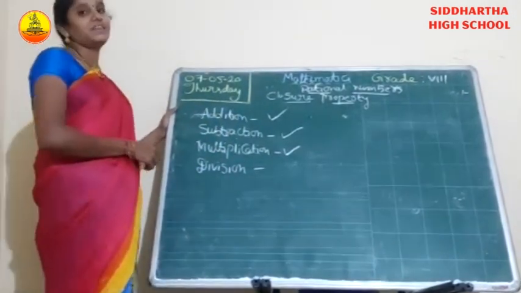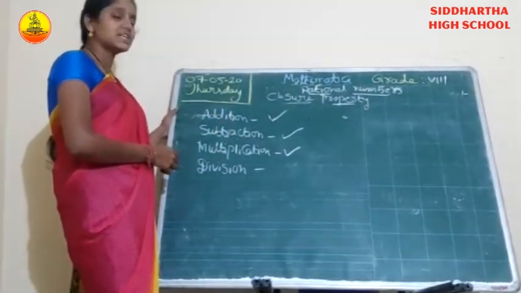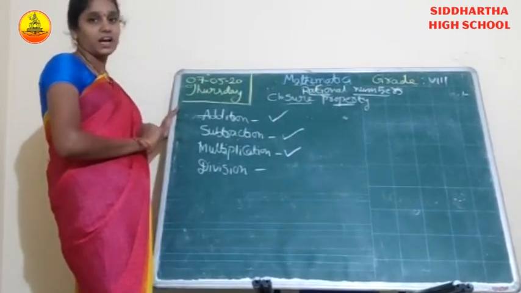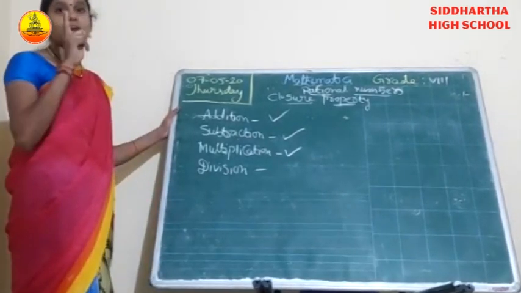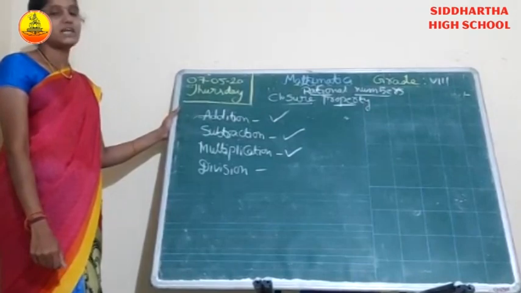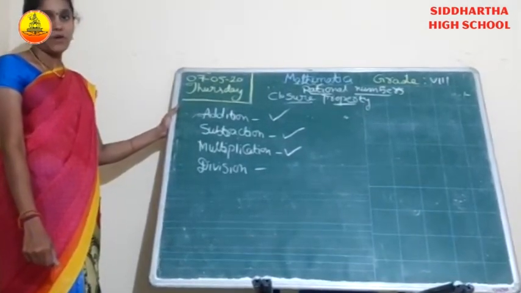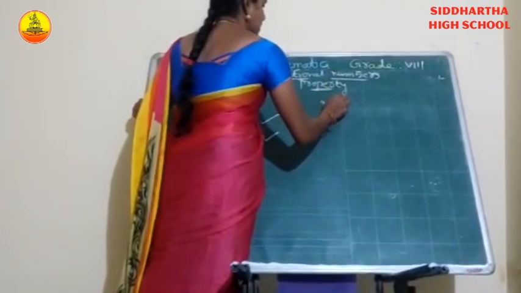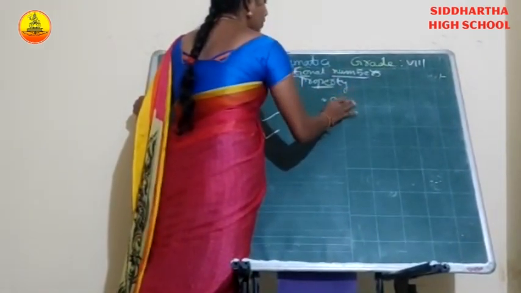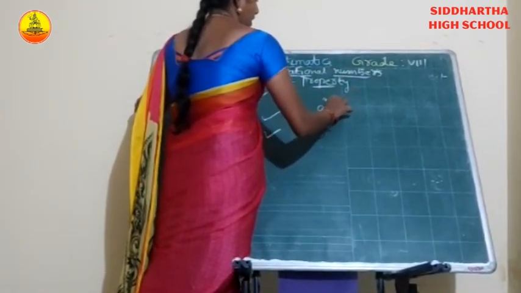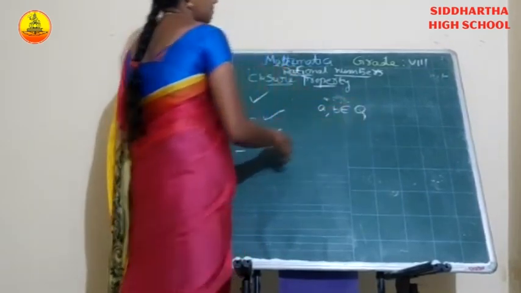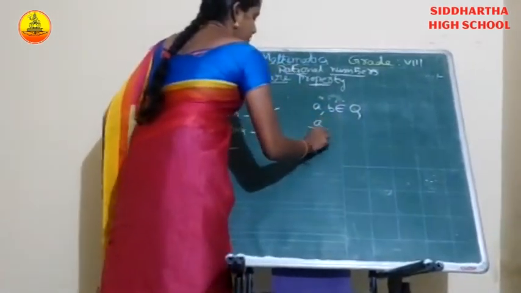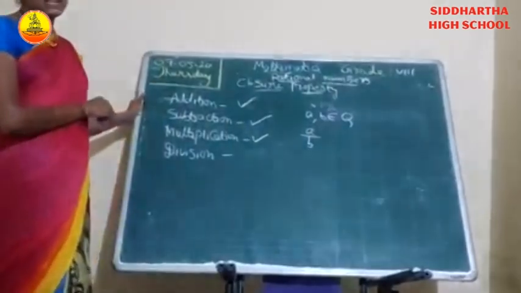But here one condition is there, children. Closure property is satisfied under division, correct, but in one condition it does not satisfy the closure property. What is that condition? You take any two rational numbers a and b, and you divide a by b, you have to get the answer as a rational number.